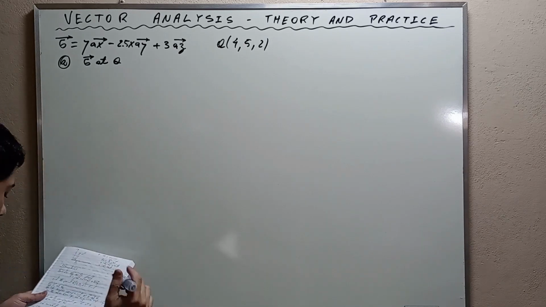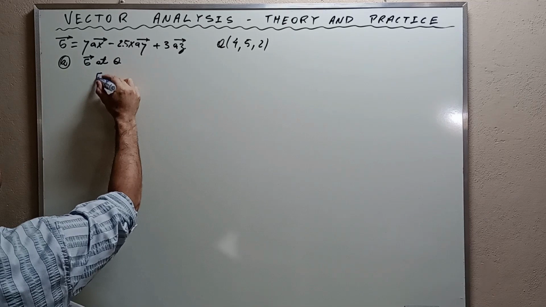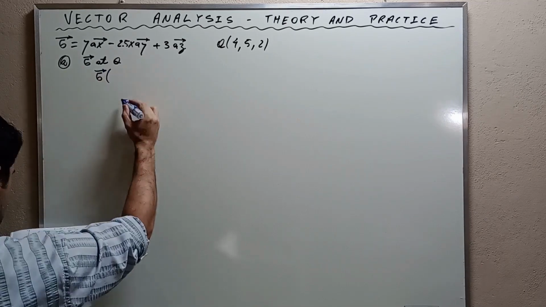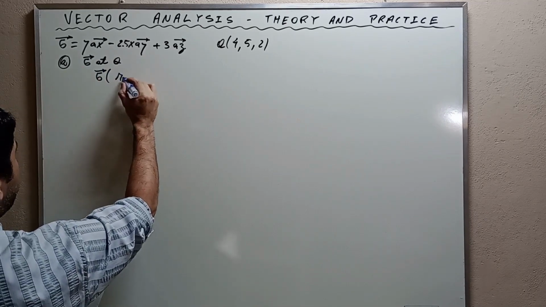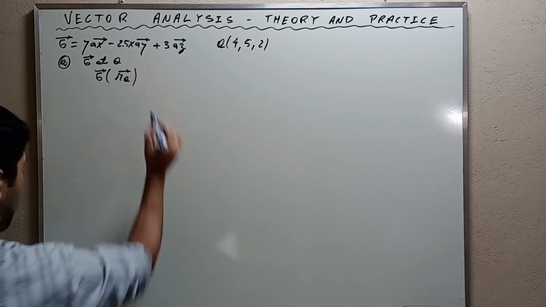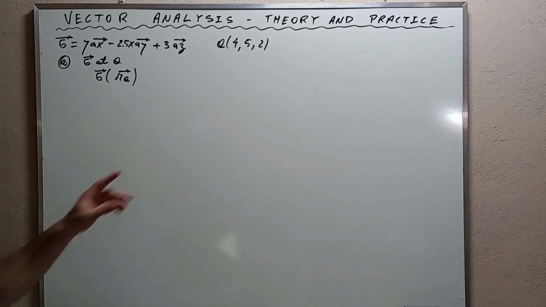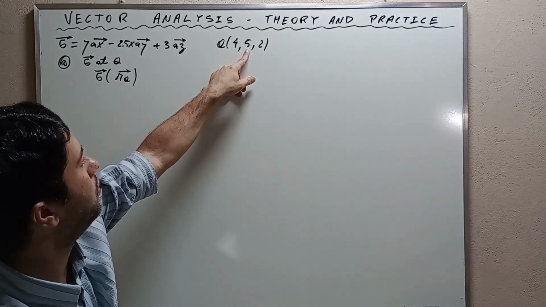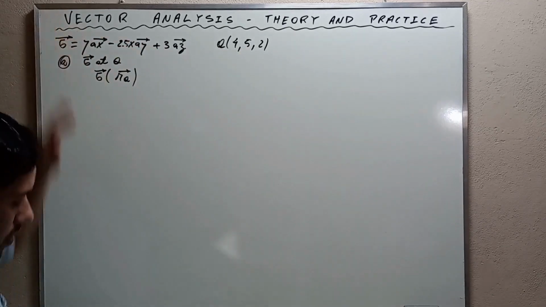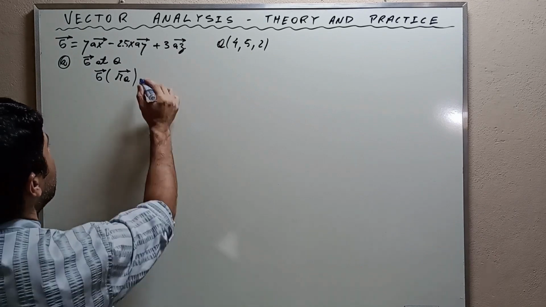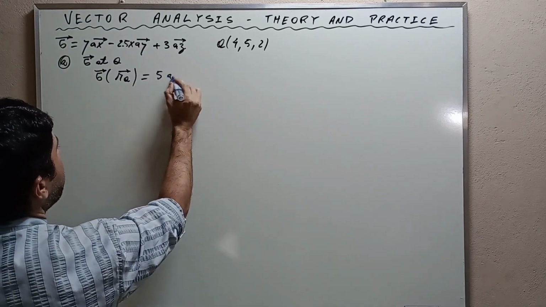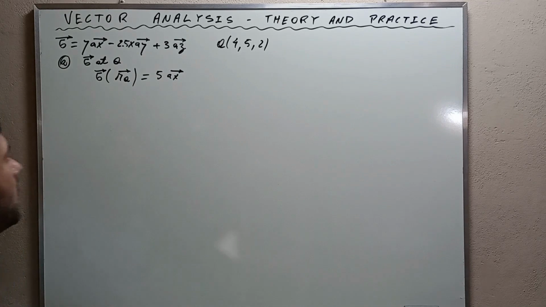G at Q is going to then be expressed by this vector. Okay, we put 5 here, then it is 5 in the x direction.